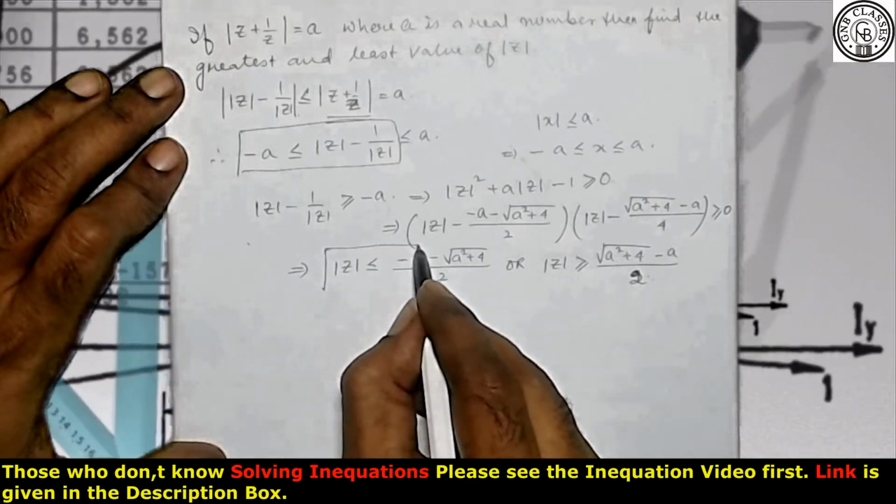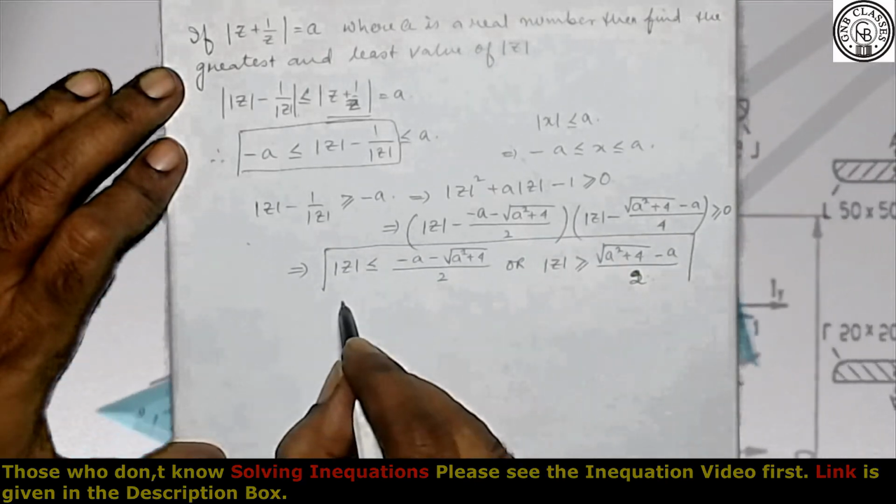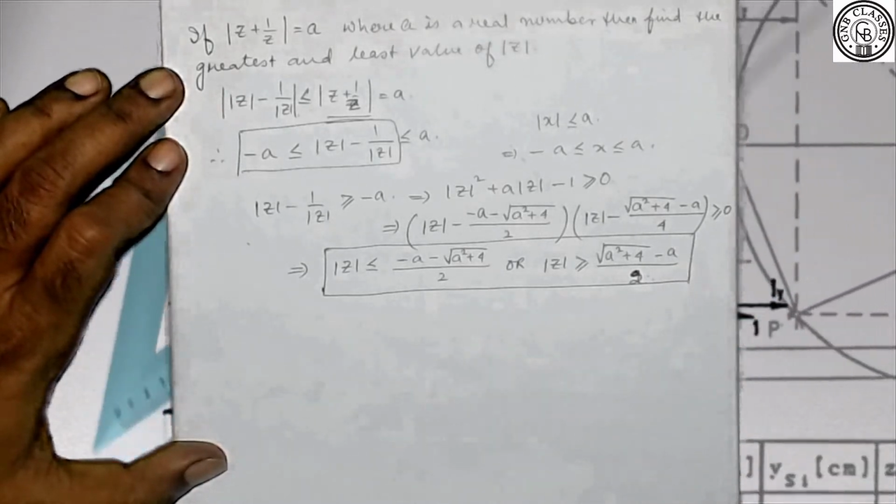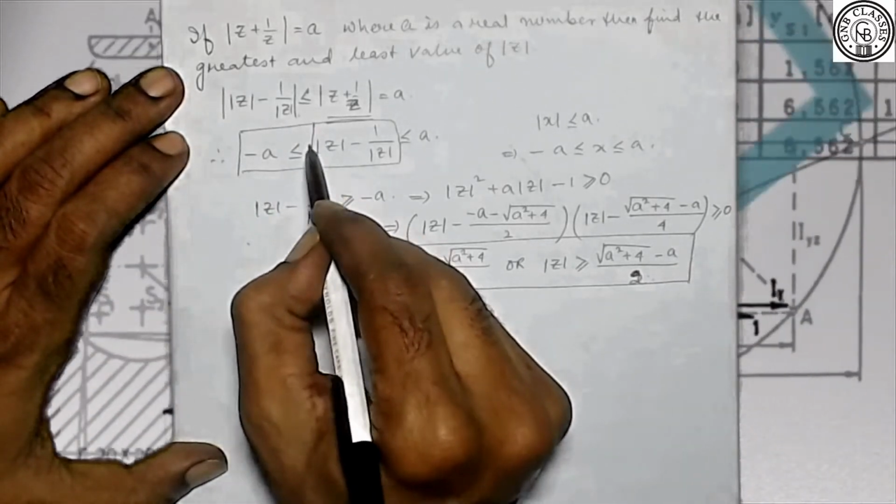So this is the first relation we got about mod z. Now let me take the second part. That is, we are taking this part.